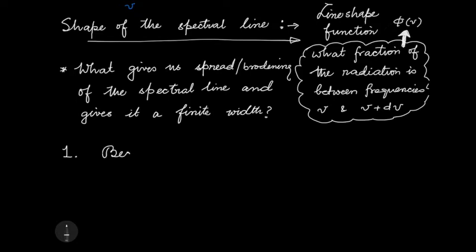We'll talk about two completely different ways you can get it. The first one is because of the uncertainty principle.